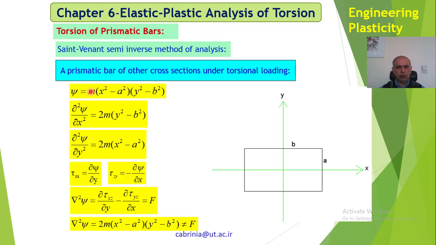So it doesn't give us the right answer. It doesn't always give us the right answer. Maybe you use another function. We don't know. Maybe you use another function and you get the right answer, but you must check it. This must be constant or 0 along these sides, along the boundary of the cross section.